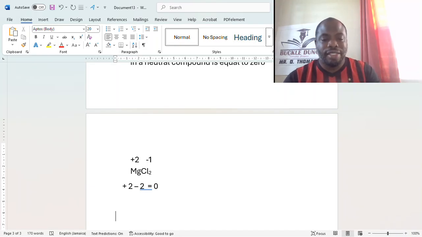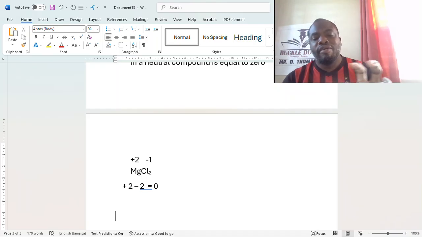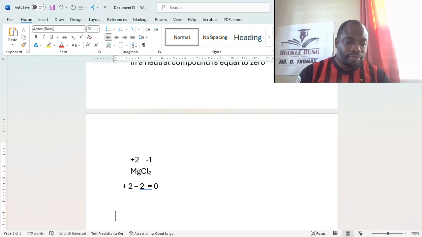So you won't have a charge on the overall magnesium chloride being negative or positive, because both charges of the ions are canceling out each other, bringing it to 0.